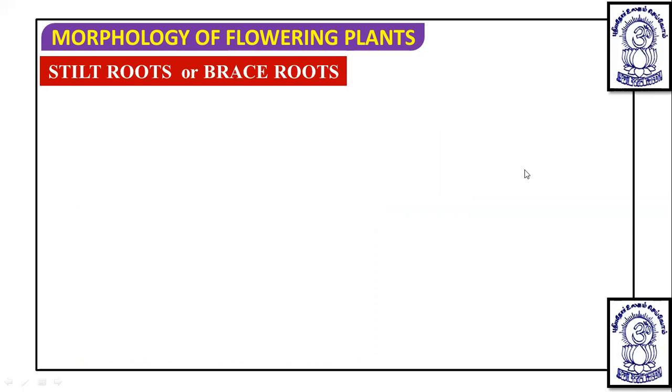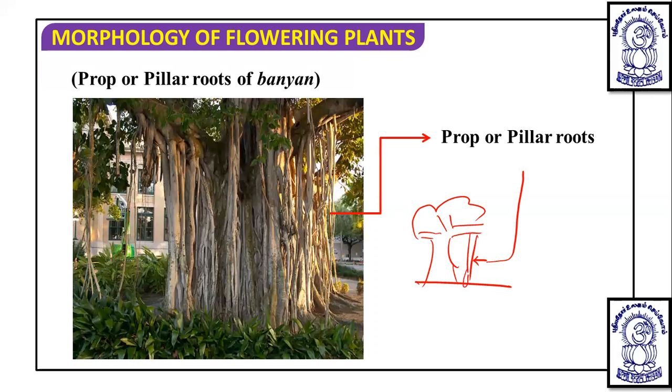What is the function of prop root or pillar root? Mechanical support. The scientific name of the banyan tree is Ficus bengalensis.